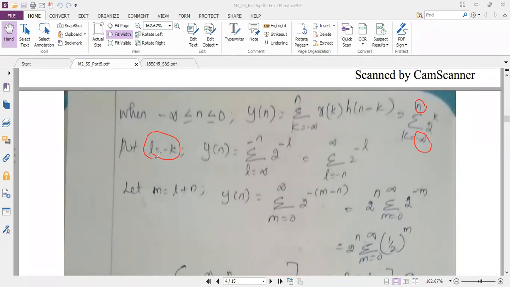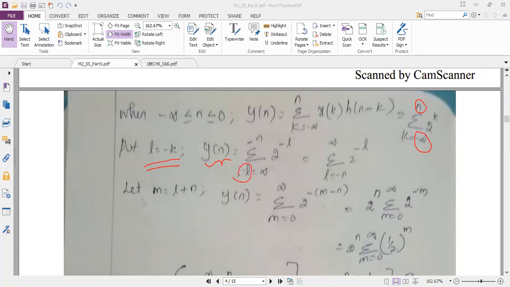So initially, I am taking a new variable L equal to minus k. I hope you are all writing. L is equal to minus k. Why it is minus k, we will come to know later once we do the substitution. So now we should not write the summation with the k limit.